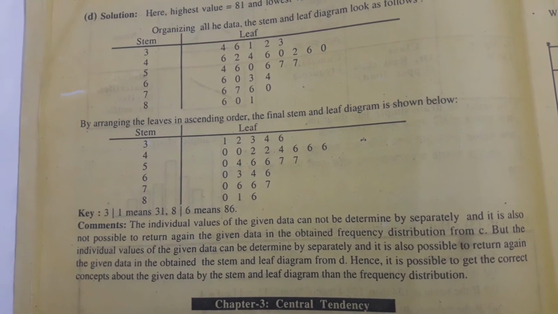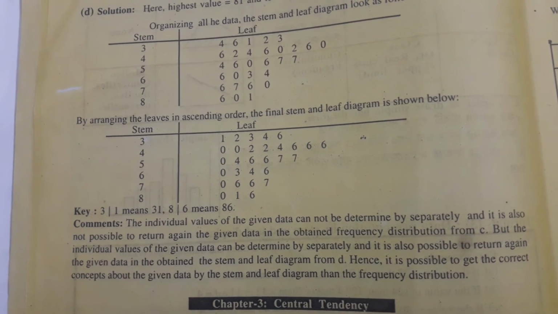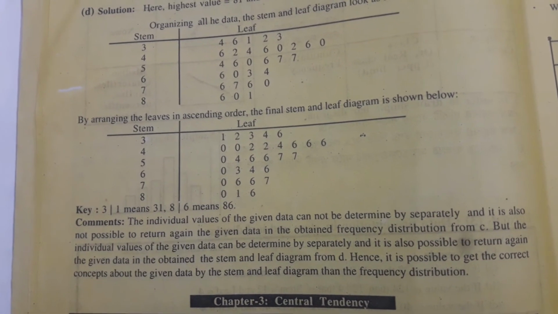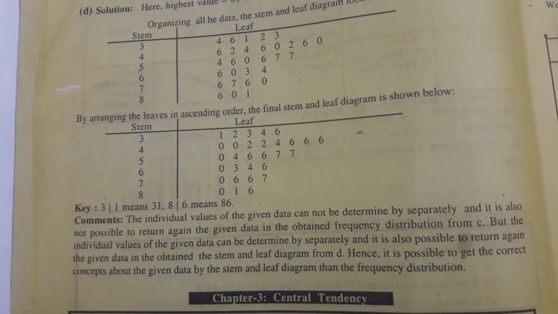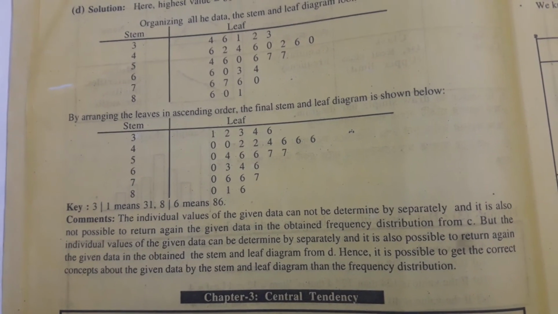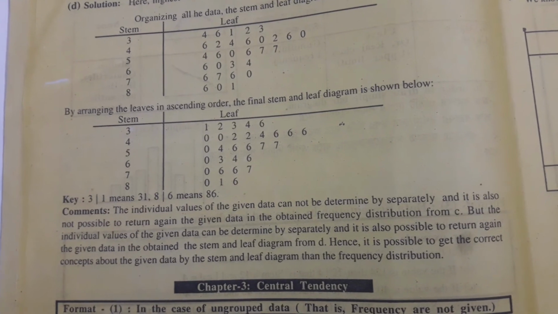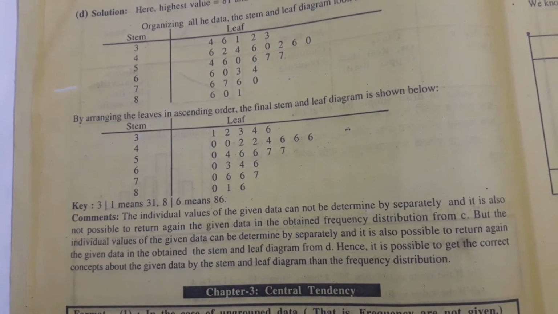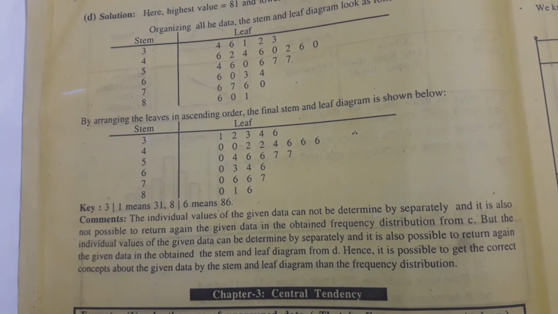For the 60s, 6 is the stem and 6, 0, 3, 4 are the leaves. In this way 7 is the stem, with leaves 6, 7, 6, 0. 8 is the stem, with leaves 6, 0, 1. By arranging the leaves in ascending order, the final stem and leaf diagram is shown below.